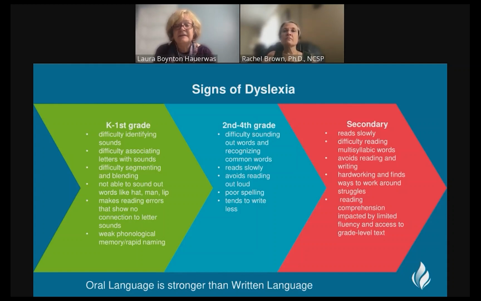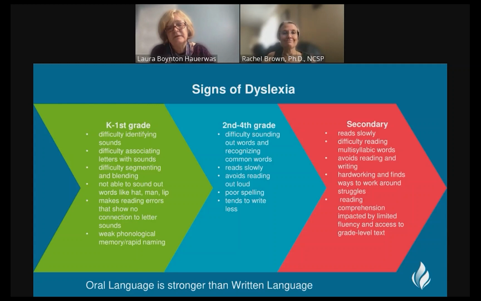And by secondary, we continue to see similar signs, depending upon if students have gotten good instruction and intervention. But difficulty with multisyllabic words, avoiding written language tasks, finding other ways around things, using some assistive technology, ebooks, hardworking ways to find and learn about pieces.